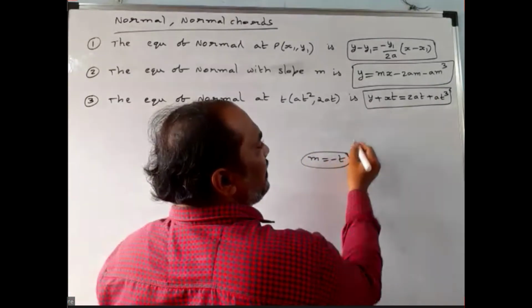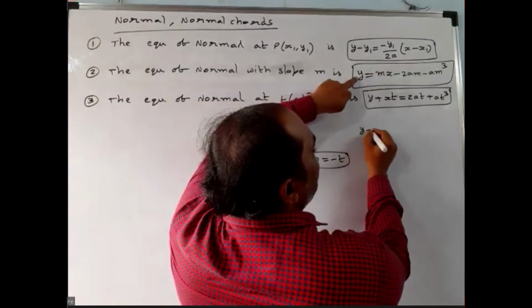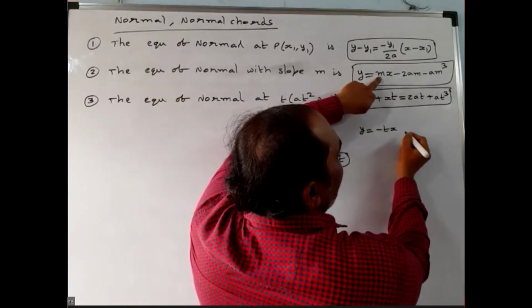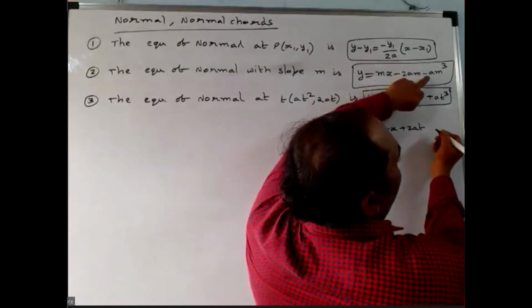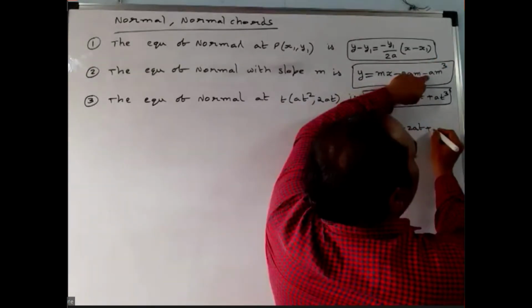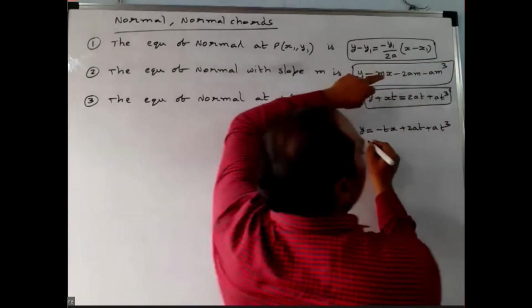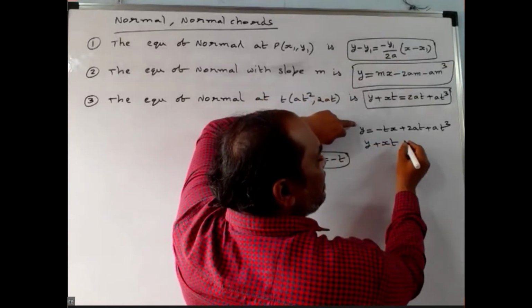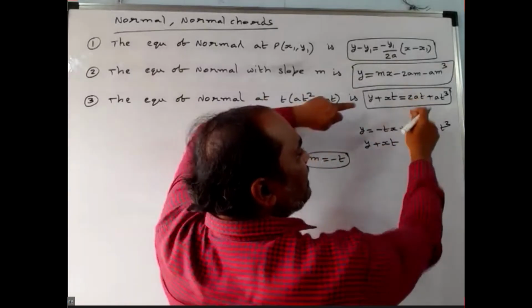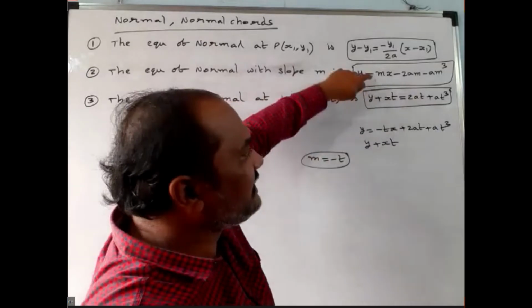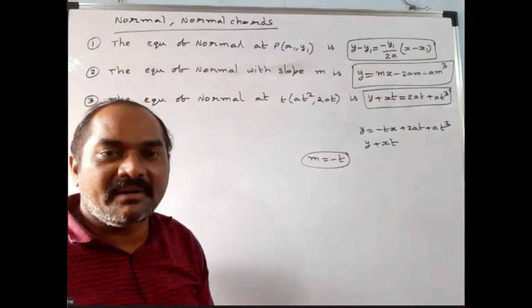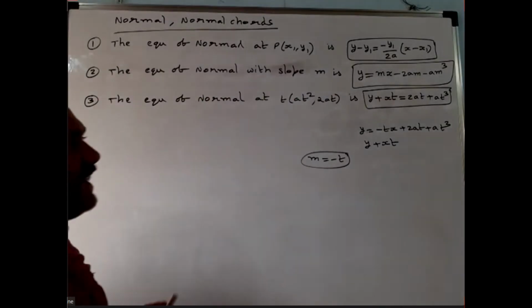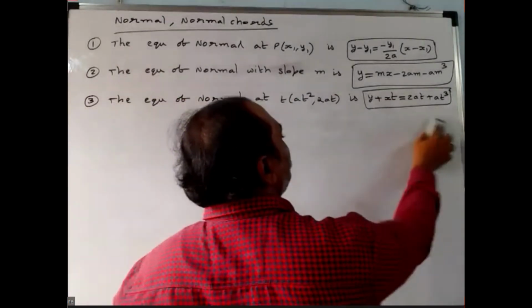Then y is equal to minus tx plus 2at plus at cube. So y plus xt is equal to 2at plus at cube. Same thing will come. These two are the same, but here slope m, here slope minus t. Parametric slope is minus t. That's why both are the same.